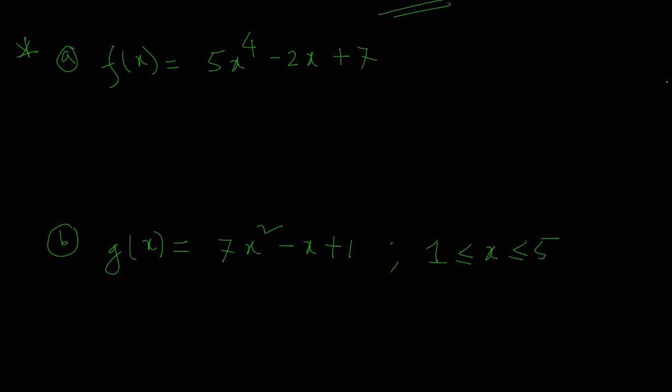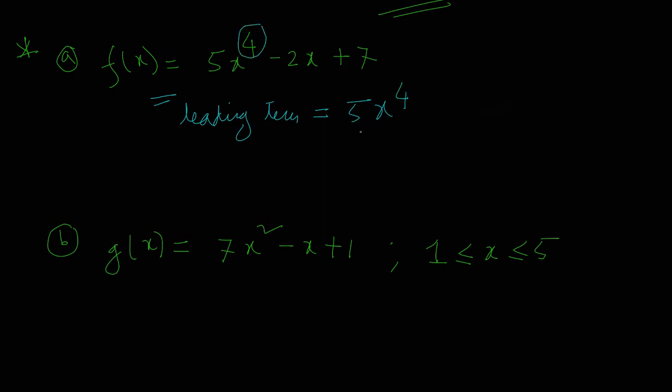So what I need to do is identify if these functions are polynomial or not. So first of all, let us see for function A, my leading term is 5x^4, because that is the highest power of x.